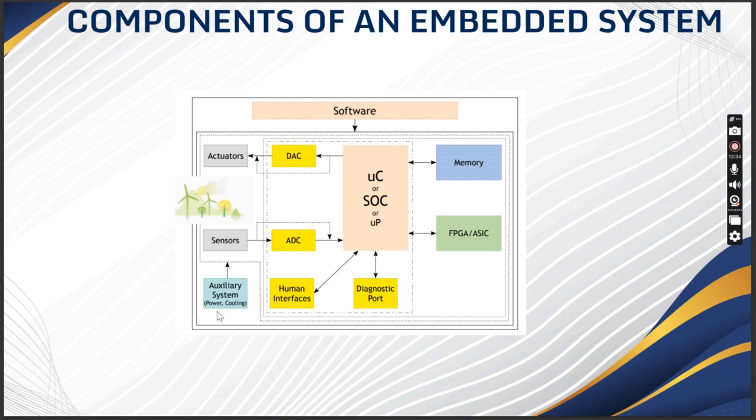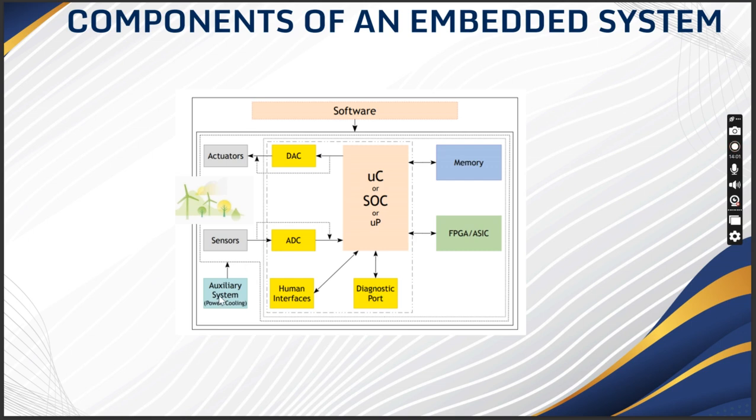Okay. Next is the supporting system. These are the supporting systems: human interface, diagnostic port, auxiliary system and so on. The human interface allows the user to interact with the system, like buttons, touch screen, etc. The diagnostic port is used for debugging and troubleshooting.